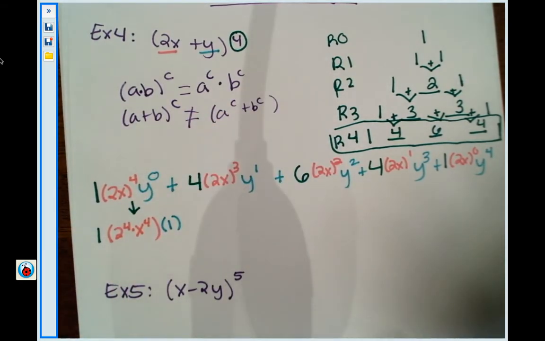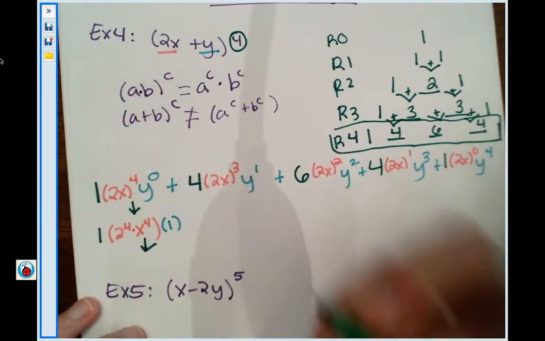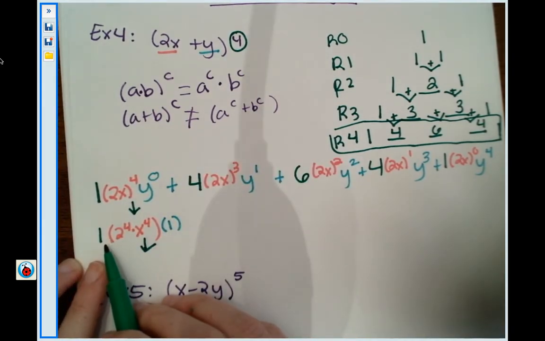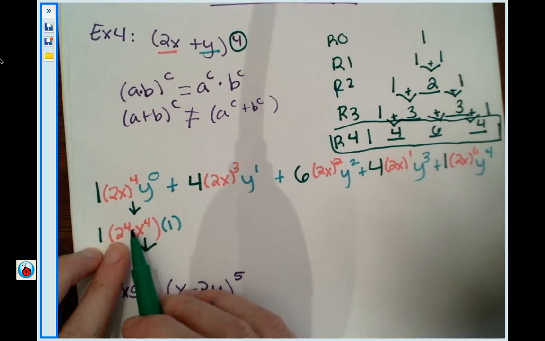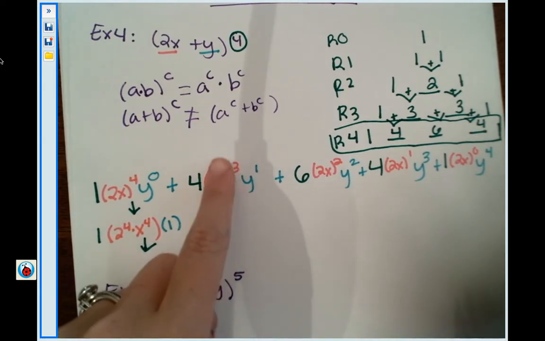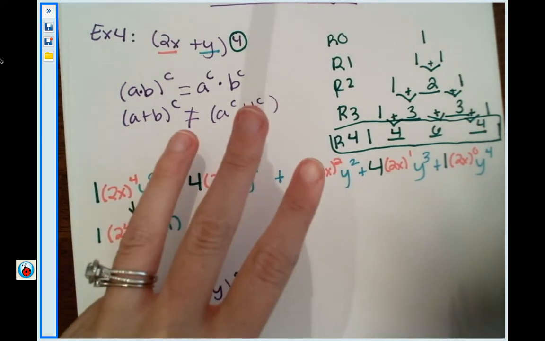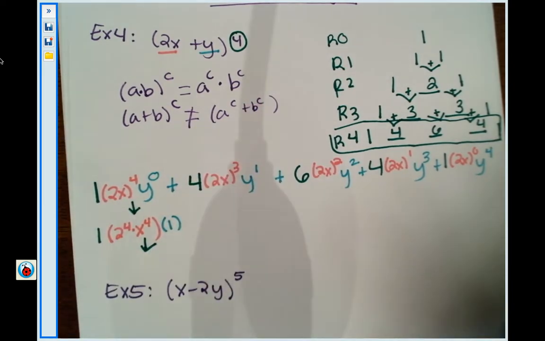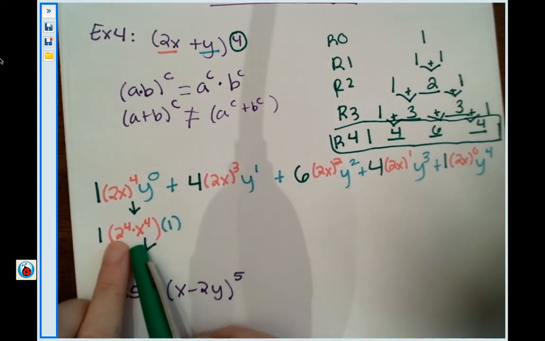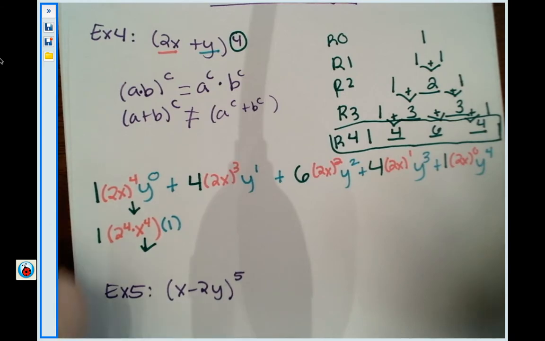Before I move on, let's go ahead and simplify this first term. Let's just do one term at a time. So I have 1, and then I have 2 to the 4th. Let's think about that: 2 times 2 is 4, times 2 is 8, times 2 is 16. So this is like 16 times 1, which is just 16.